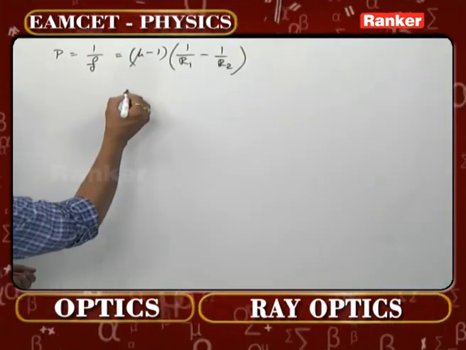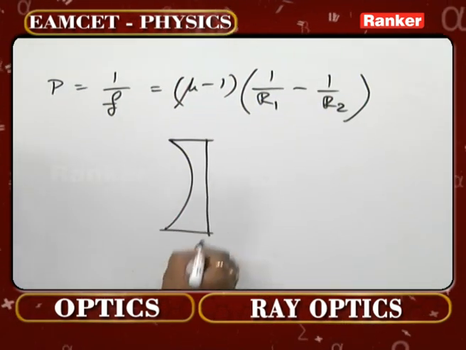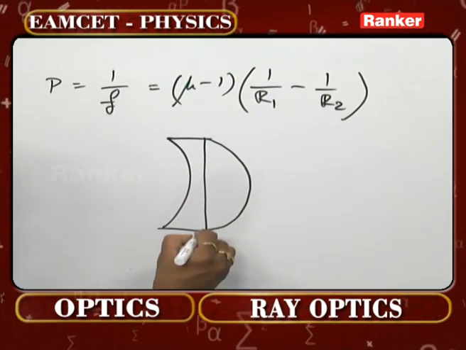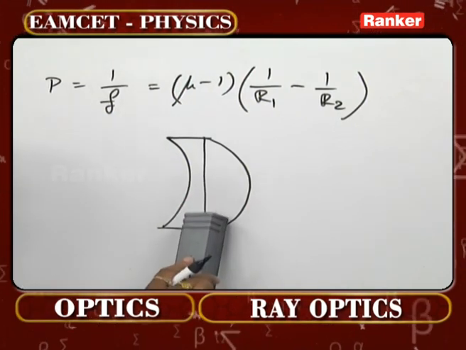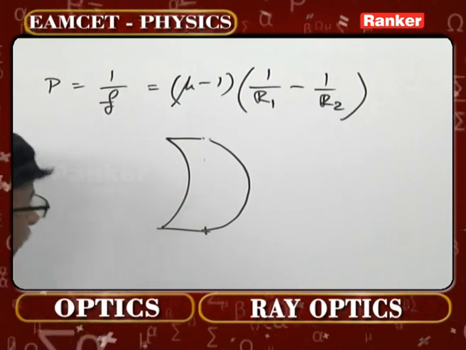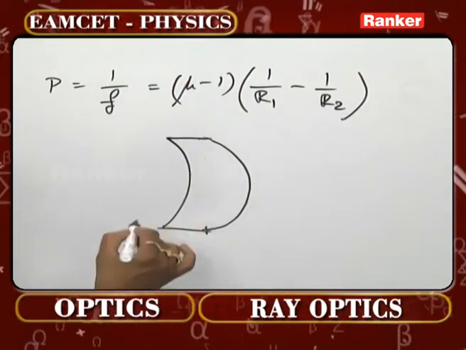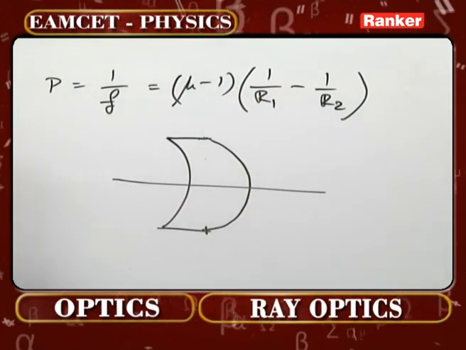Now look at first of all, concave lens will be like this. This is known. And convex will be like this. If you are not taking this line here, whatever is the shape you are observing, that gives you concavo-convex. Now this is the axis.